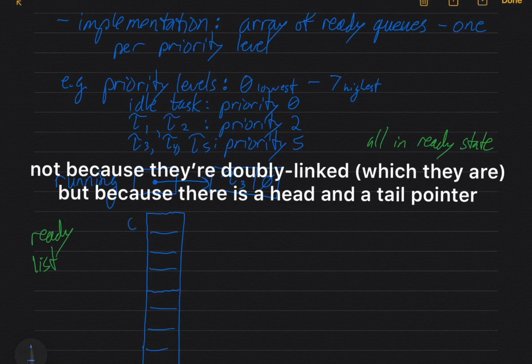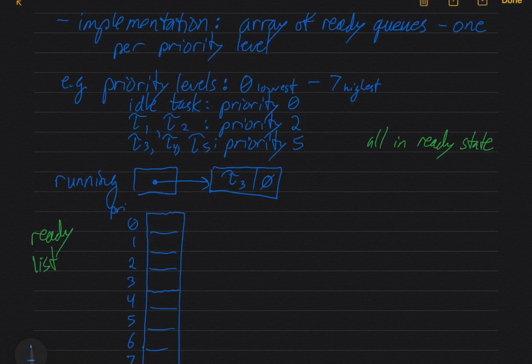And so let's do the lowest priority at the top and go down. So this is the priority, and so priority 0 is the idle task, and it's the end of that list, so it's got a null pointer.